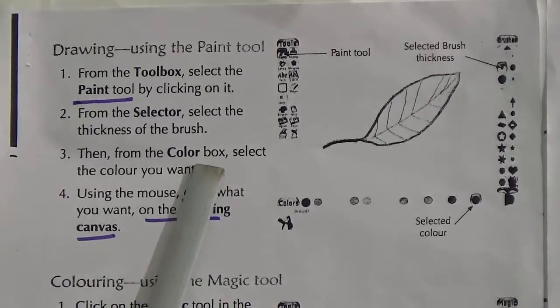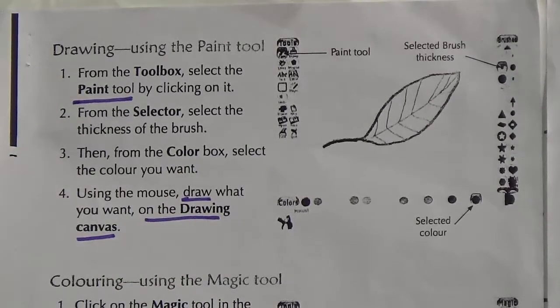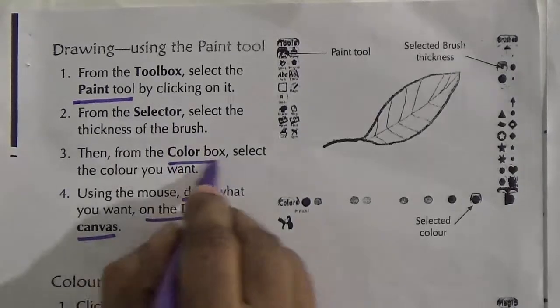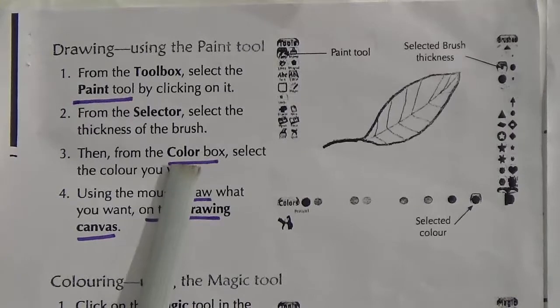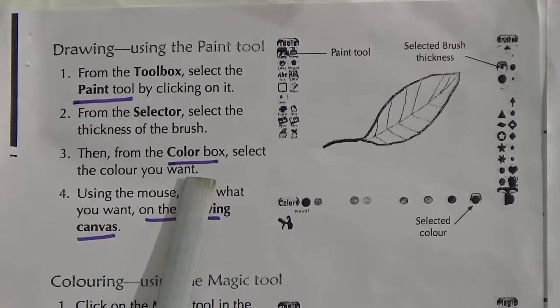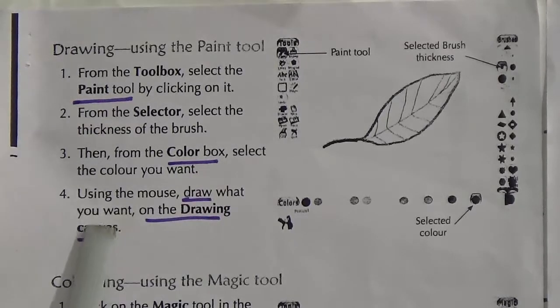Then from the color box, select the color you want. You can select whatever color you wish. Using the mouse, draw what you want on the drawing canvas.